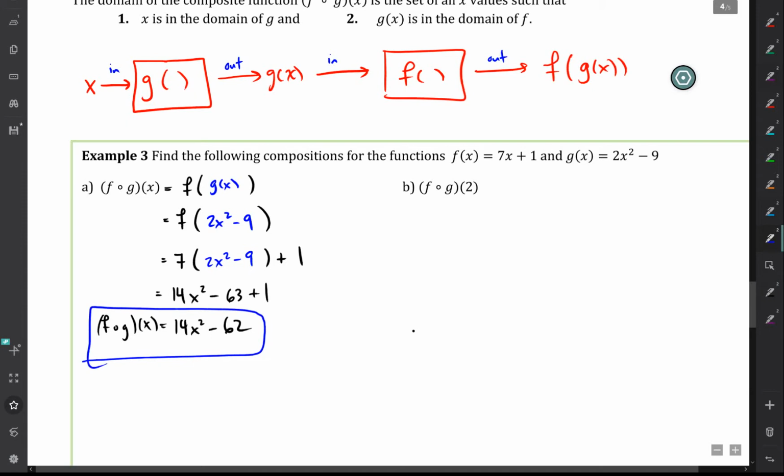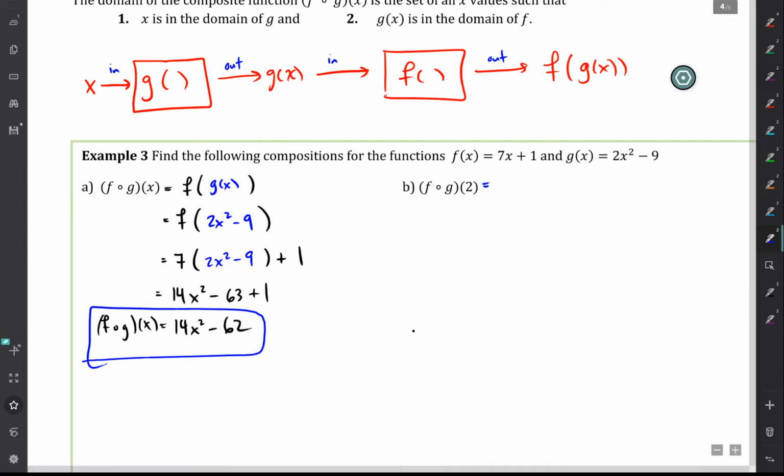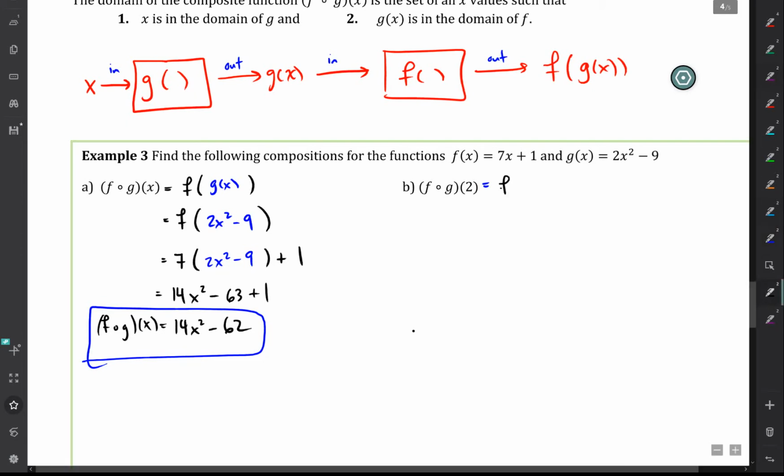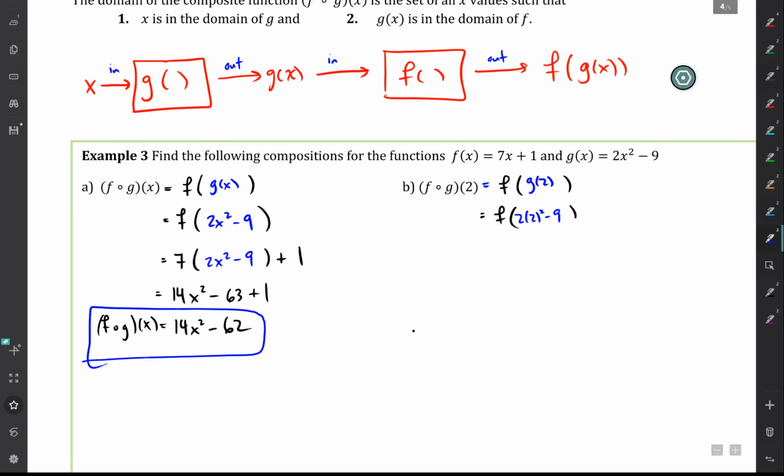Okay, in B, we're asked to find f of g of 2. So I'll just write that this is f of g of 2. Well, g of 2 is 2 times 2 squared minus 9. 2 times 2 squared is 8, minus 9.